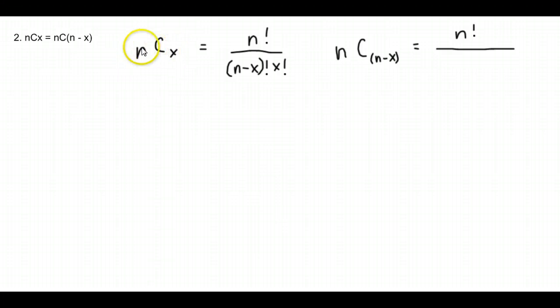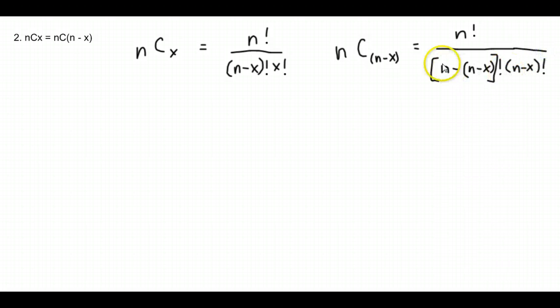It came from subtracting these two. So if I subtract these two, I get n minus (n minus x), bracket factorial. And then remember this piece was the last piece that gets factorial on the bottom, so put (n minus x) factorial.